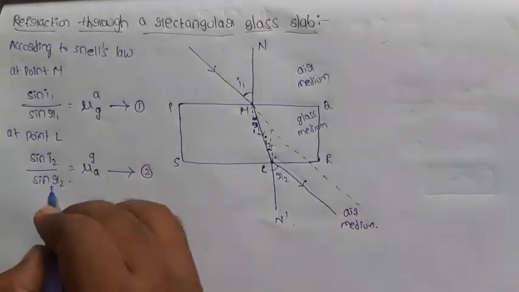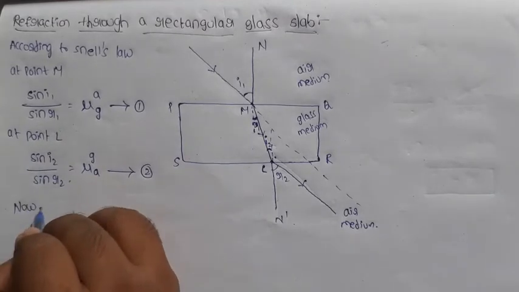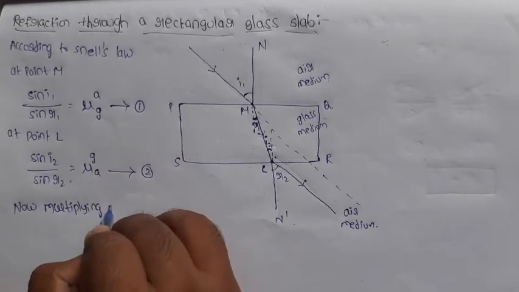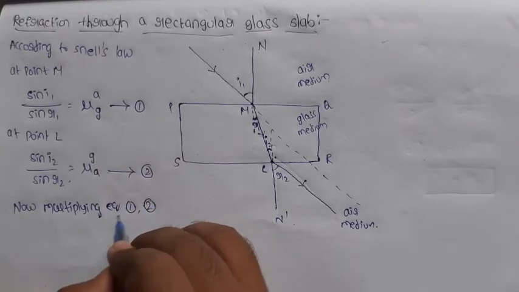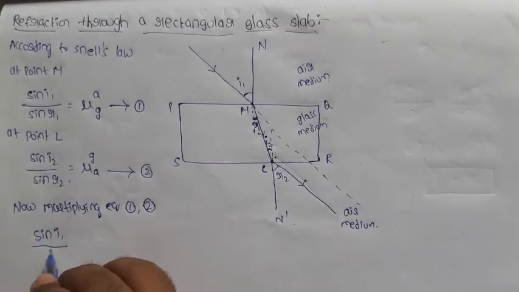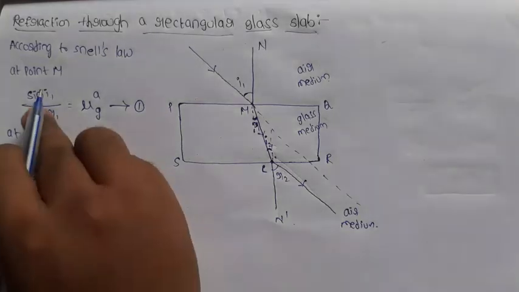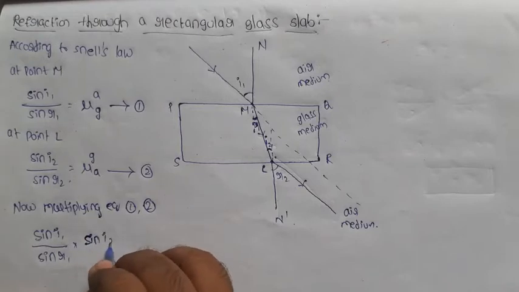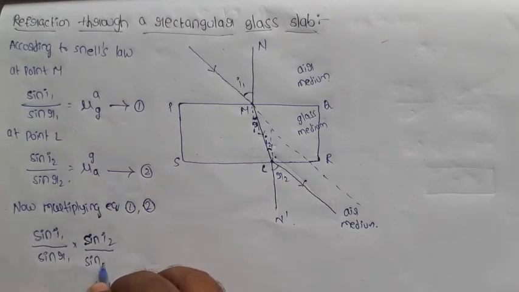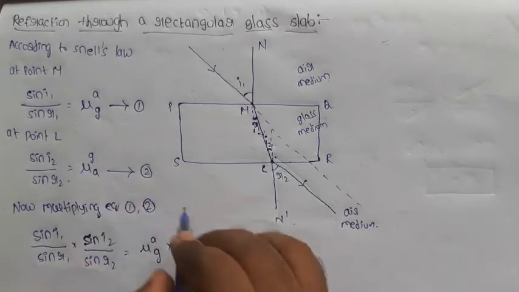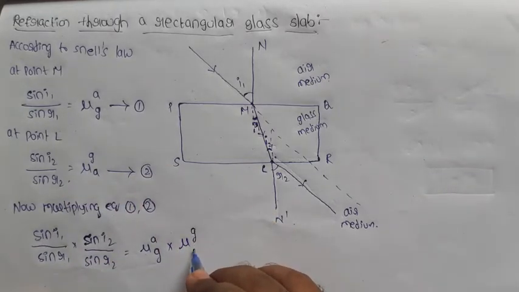I am multiplying equation 1 and 2. Now multiplying equation 1, 2: sine I1 by sine R1 into sine I2 by sine R2 equal to mu AG into mu GA.